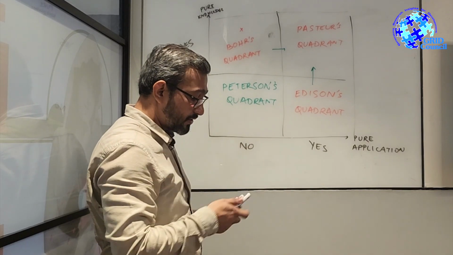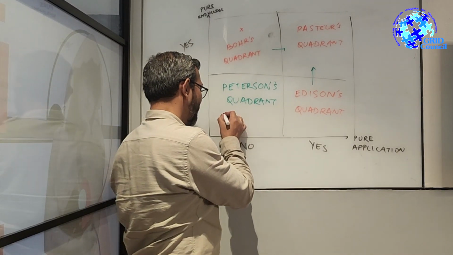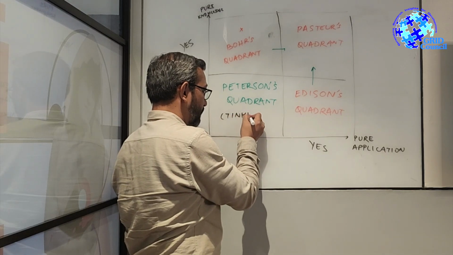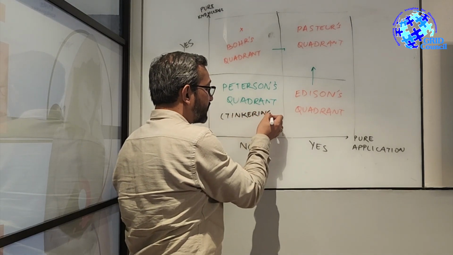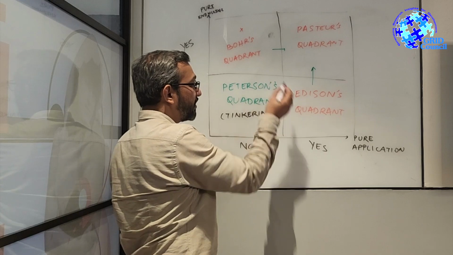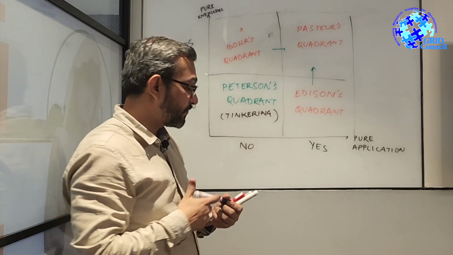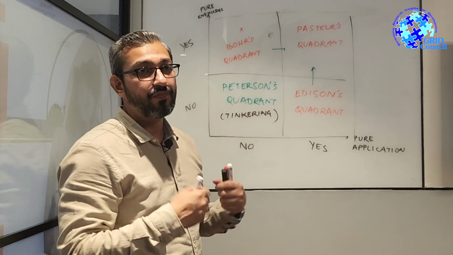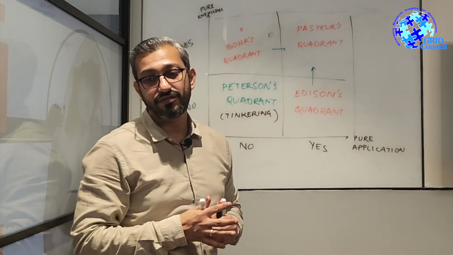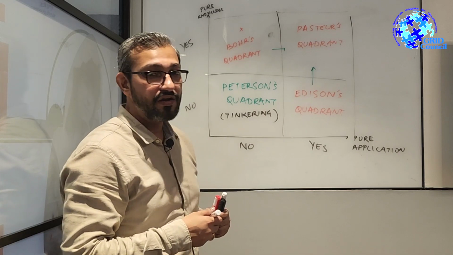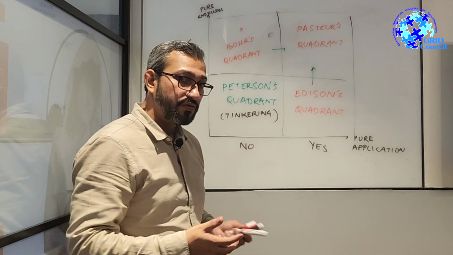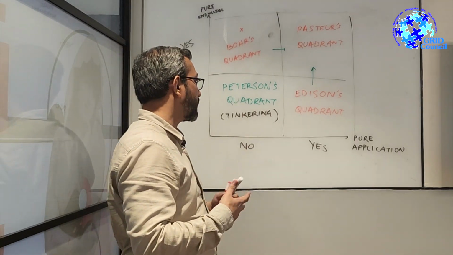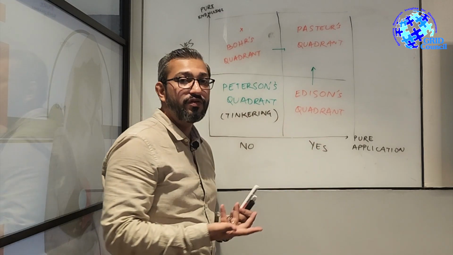I call it the tinkering research. Bulk of research and researchers qualify in this particular group. What really happens is, you do a research which has very limited use. You do a KP study, you do a situation analysis, you do a prevalence study, or even an analytical study. Other variants are also there in basic science as well. Those research do not add much anywhere.